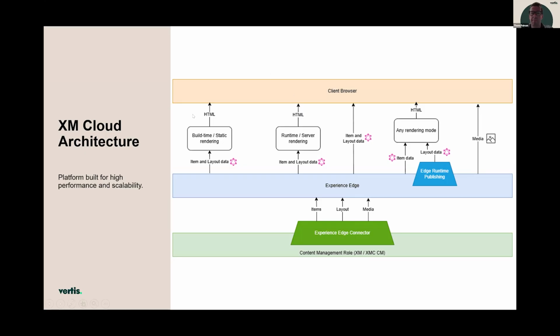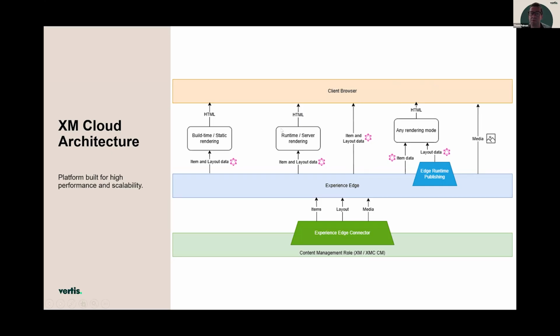So there are several options in which we can get that content. We can just query it as we need it from the client, directly from Experience Edge, as GraphQL queries.